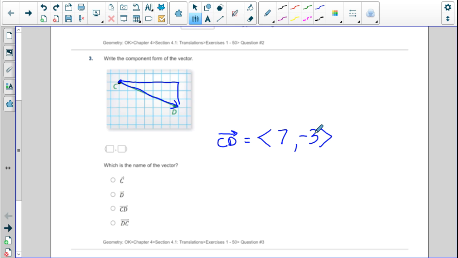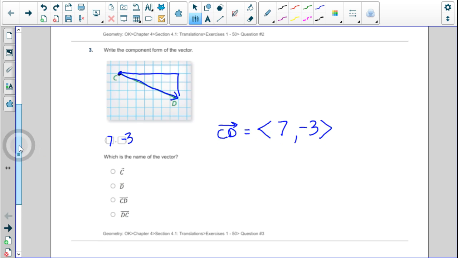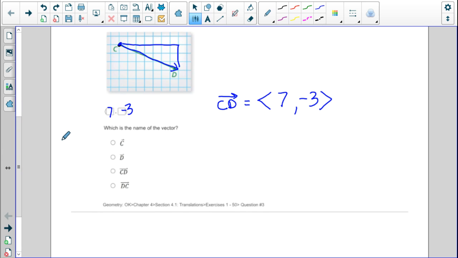So as you look over that, you're going to look for the answer that has a 7, and you're going to type in here 7, -3, and then you're going to choose the proper name of the vector, which is CD.